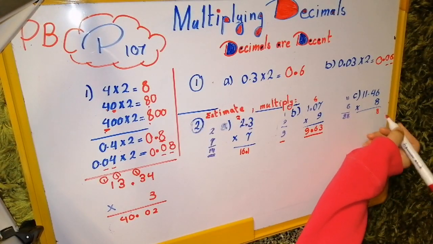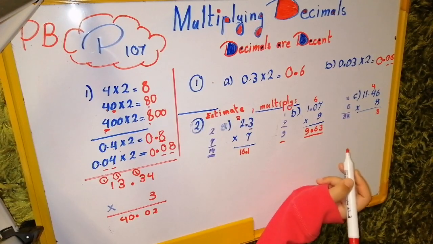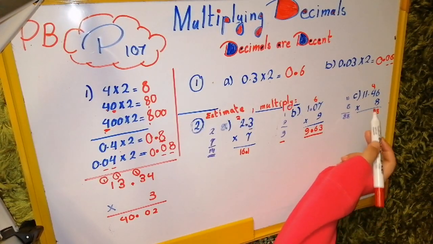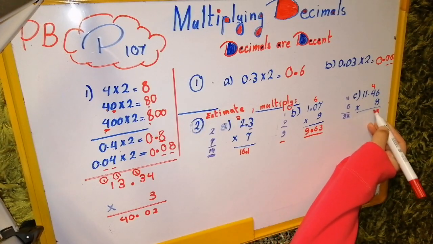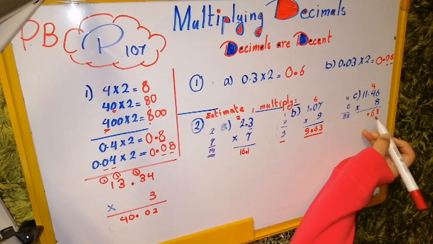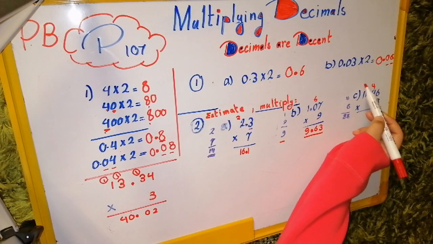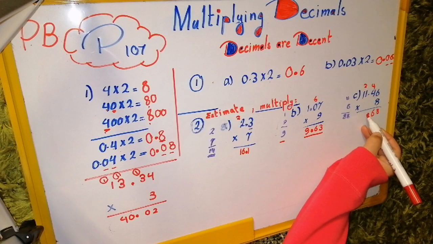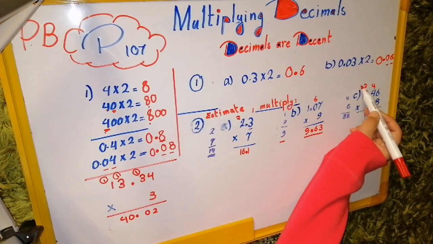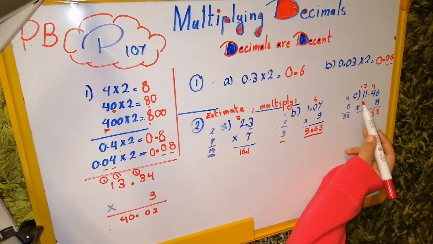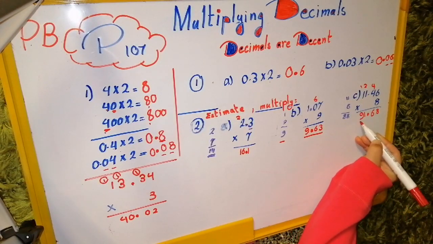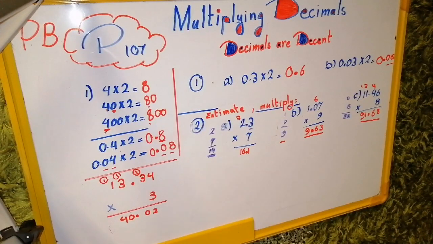Put the 8 and take the 4 up. 8 times 4 is 32, and 4 is 36. Put the 6, put the point, and take the 3. 8 times 1 is 8, and 3 is 11. Put the 1, take 1 up. 8 times 1 is 8, and 1 is 9. So the product here is 91.68.